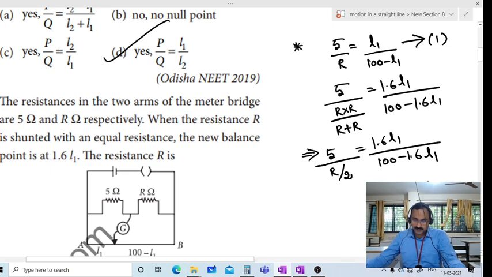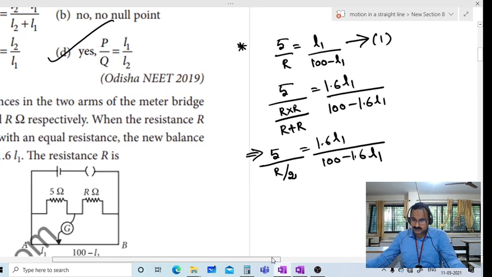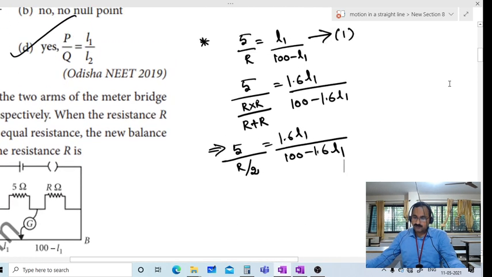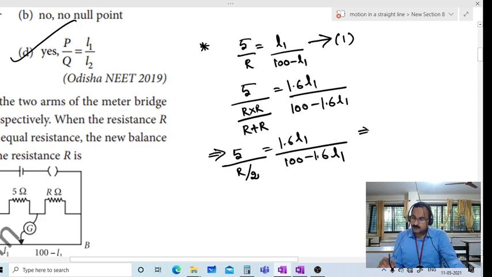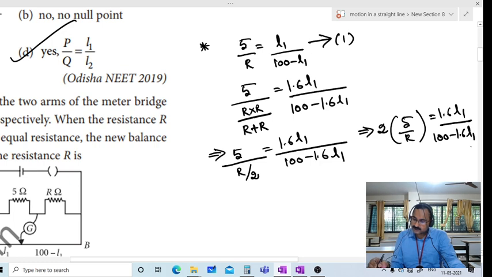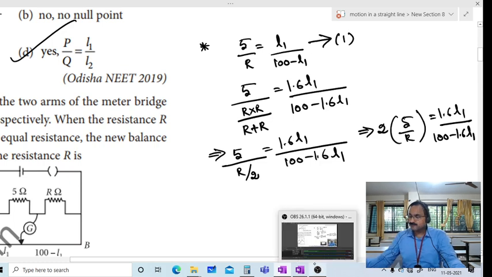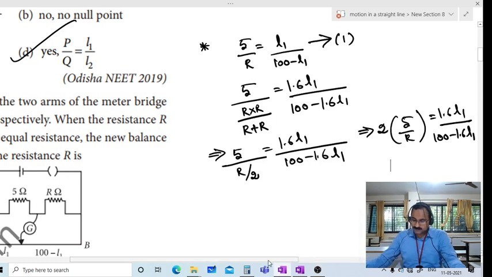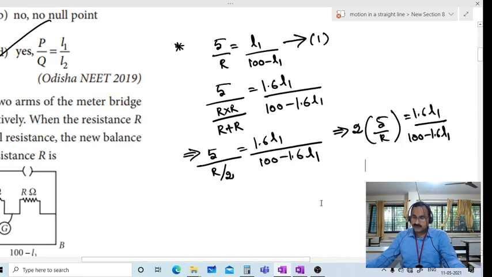So now see the calculation part, we will take the calculation side once again. Therefore, 2 will come to the numerator, 2 into 5 by R is equal to 1.6 L1 divided by 100 minus 1.6 L1. That is the calculation part, main thing in that.